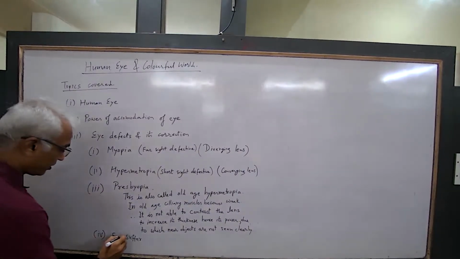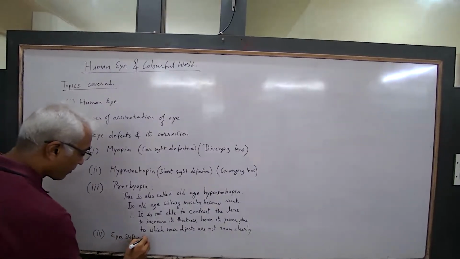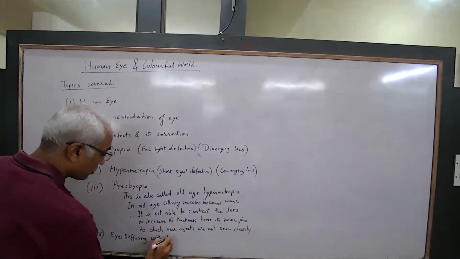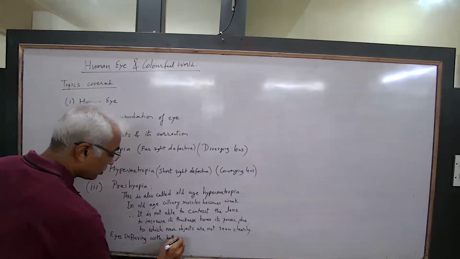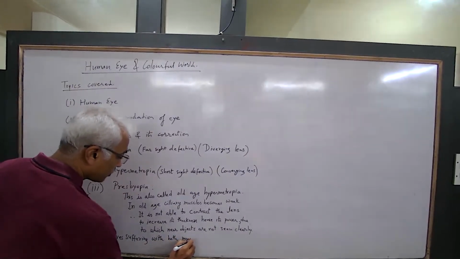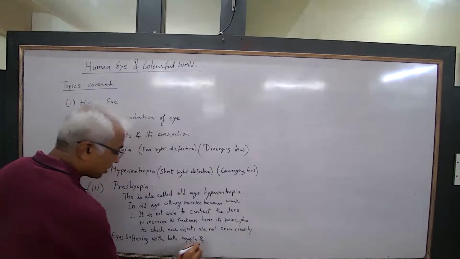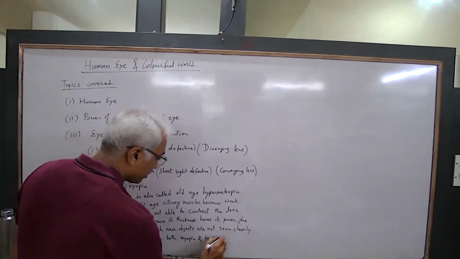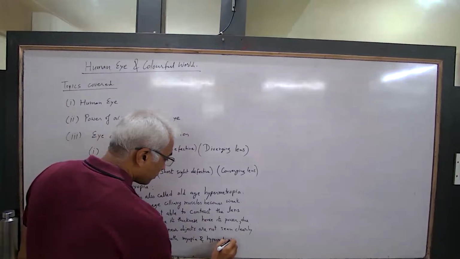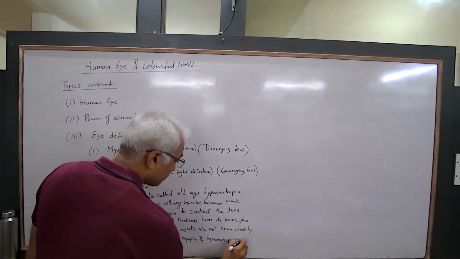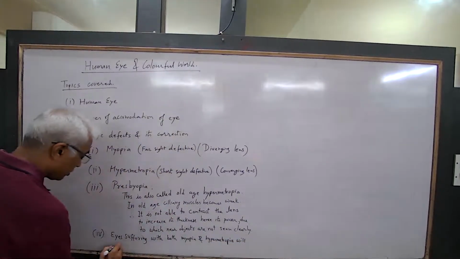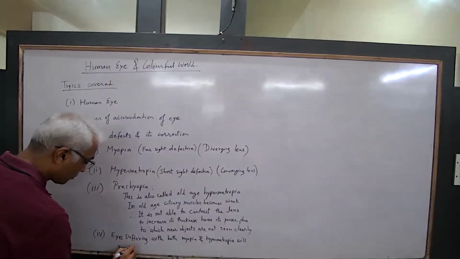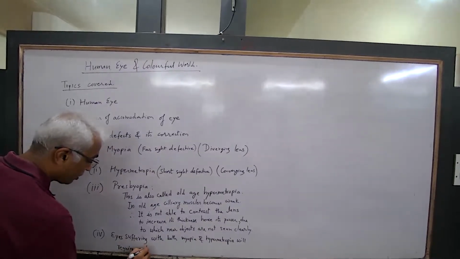So an eye suffering with both myopia and hypermetropia will require a bifocal lens.